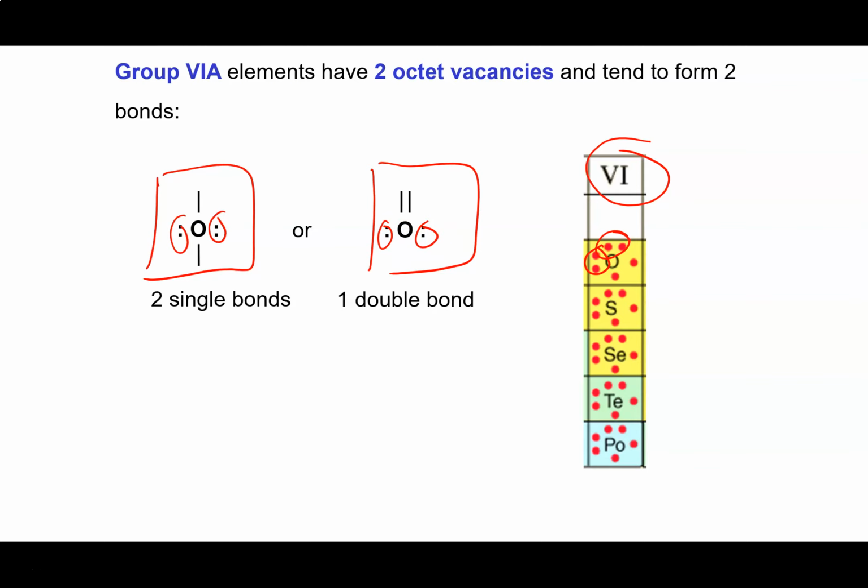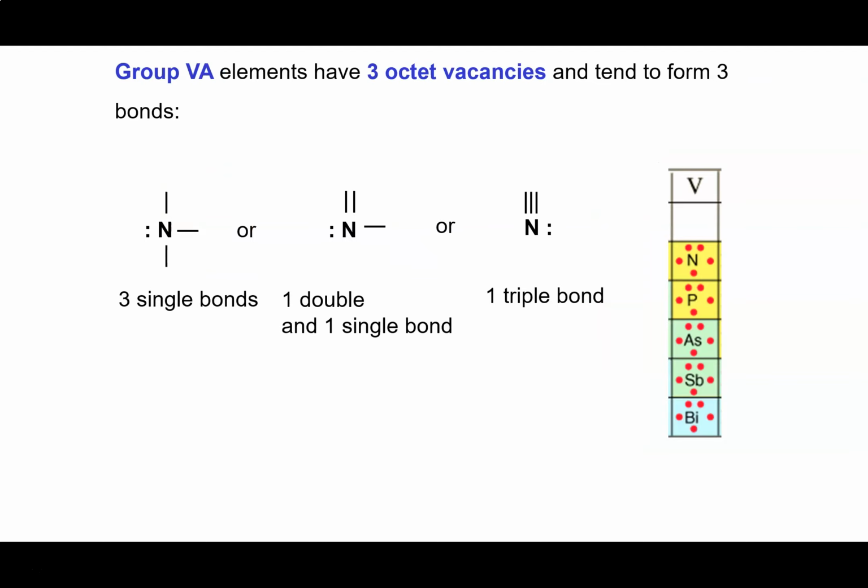When we move to group 5A, these elements have three unpaired electrons and one set of paired-up electrons. So what we typically will see are three single bonds with one lone pair, a double bond and a single bond with one lone pair, or a triple bond and one lone pair.